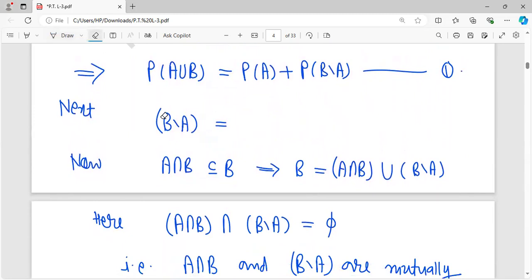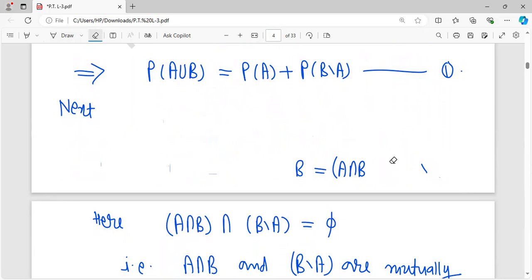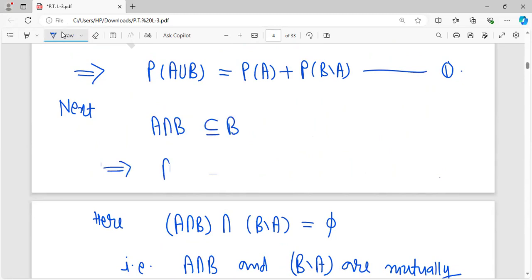So what should I write here directly? I should write directly here this much fact only, that A intersection B is a subset of B. Okay, so this implies B is nothing but A intersection B union B minus A. And you see that these are phi.